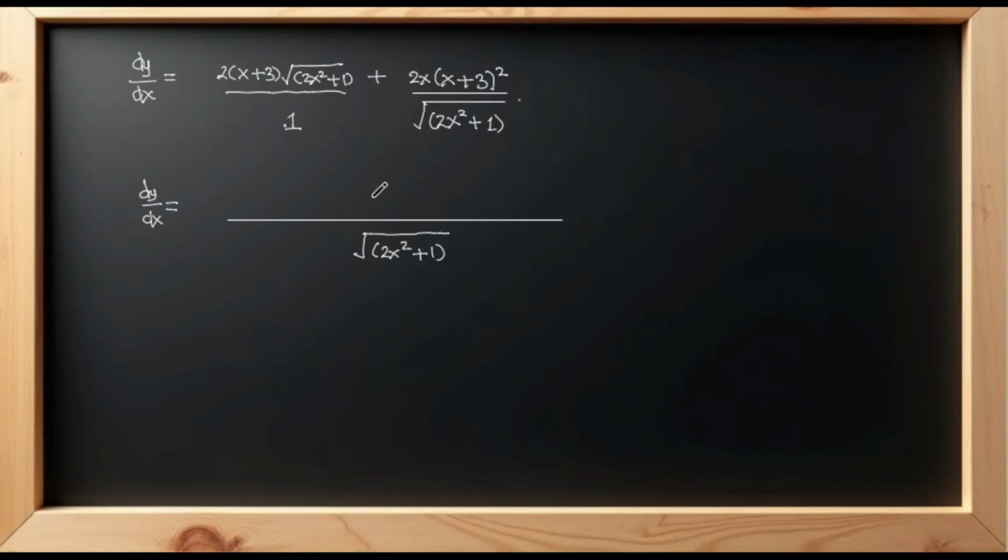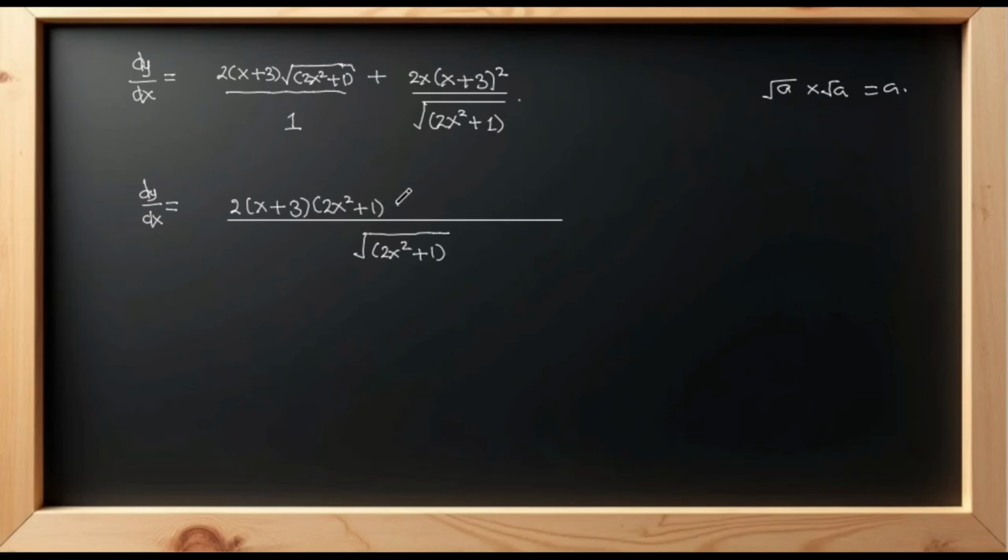Now when you divide this by 1, you get the same number multiplying by the numerator, and we are lucky that the same numerator has the same number as this LCM. Multiplying same numbers under root will just give us that number itself. So here we'll have 2 into x plus 3 into 2x squared plus 1.